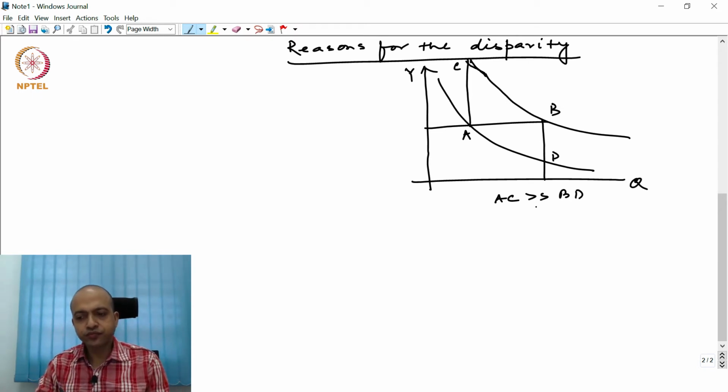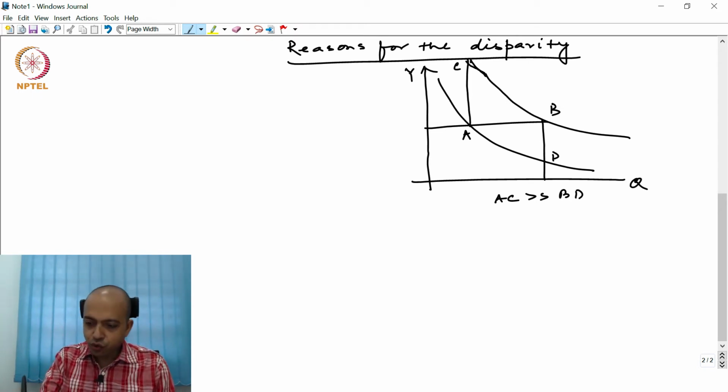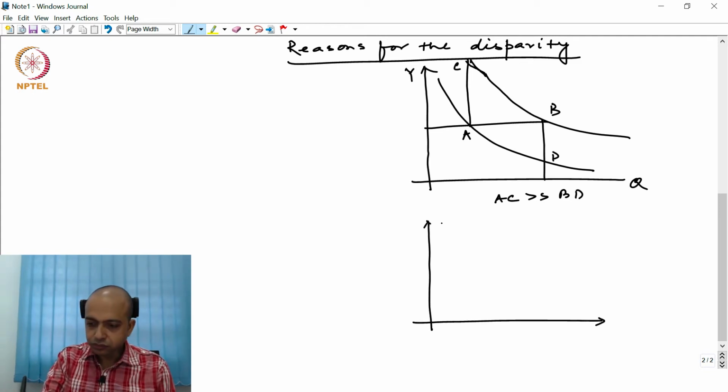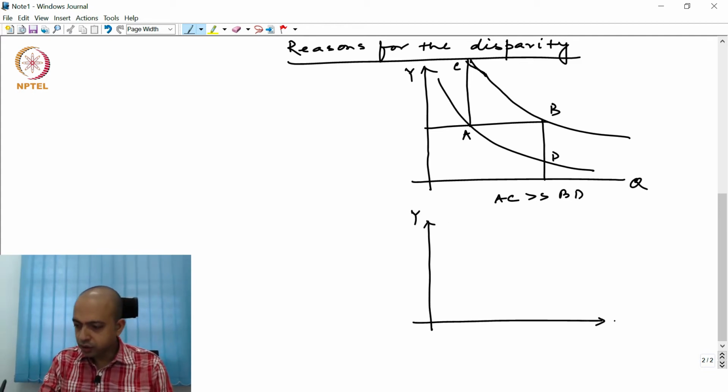Now suppose I am drawing the indifference curve in this way. This is Y, this is Q, I am drawing the indifference curve which is a straight line.